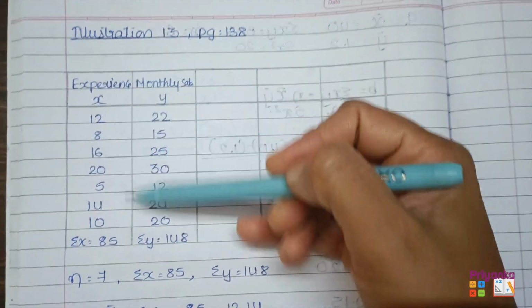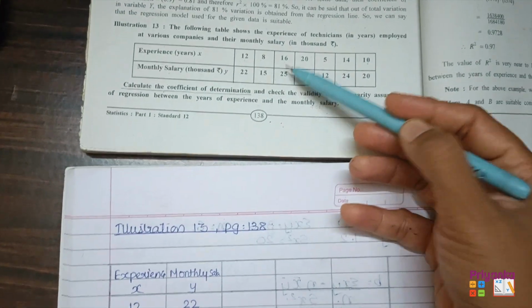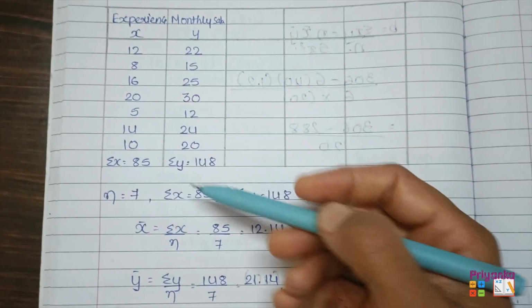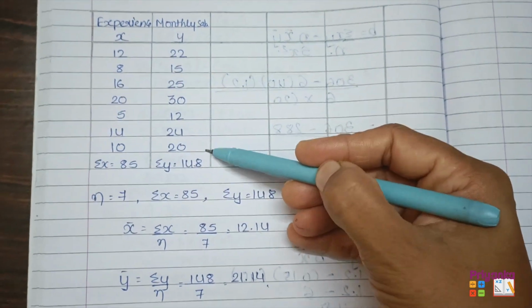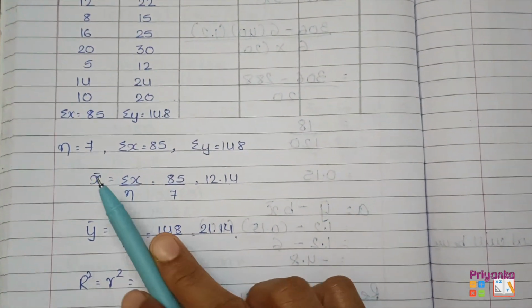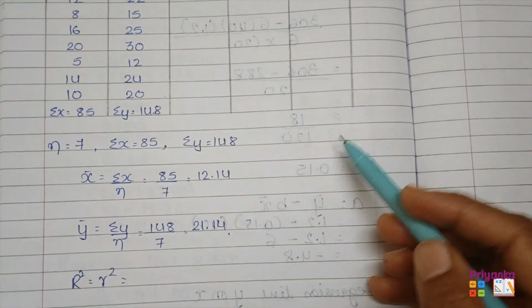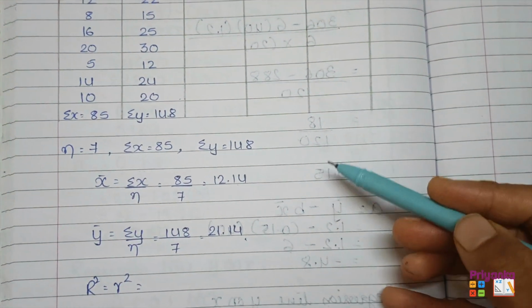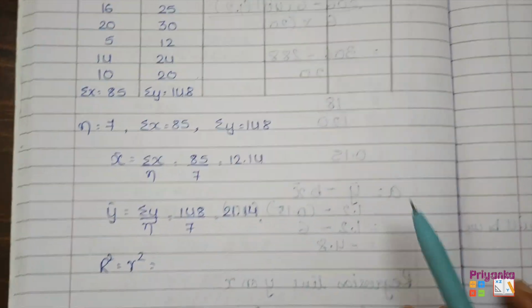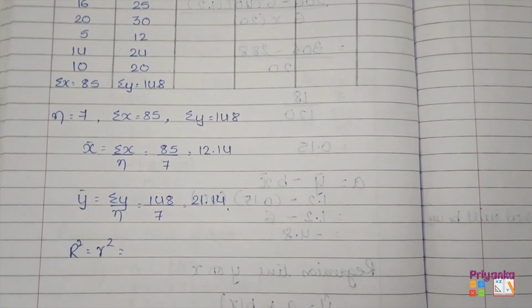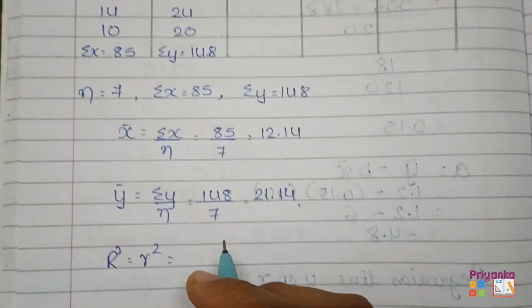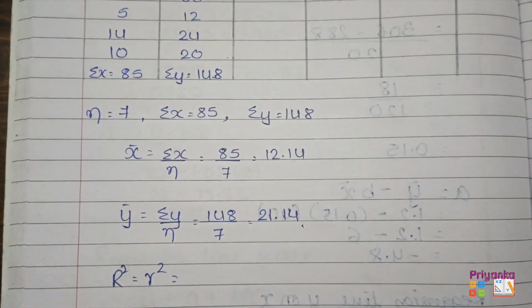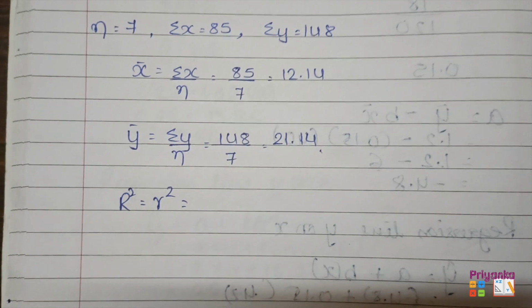First, we take the question information given in the illustration, out of which we first find sigma x and sigma y. Out of this, the first step is always to find x bar and y bar. Here you can see the answers we found are in decimals, but the values are small. As per the question, which asks to find the coefficient of determination, the formula we are going to use is for x and y.